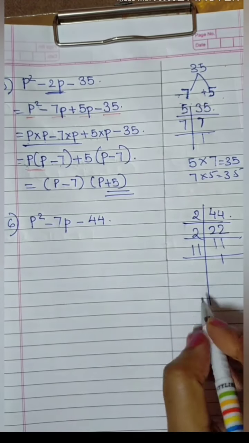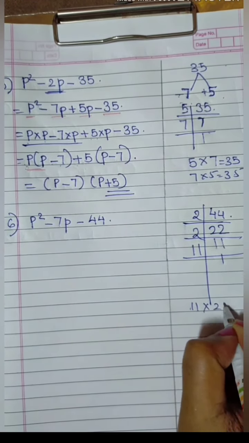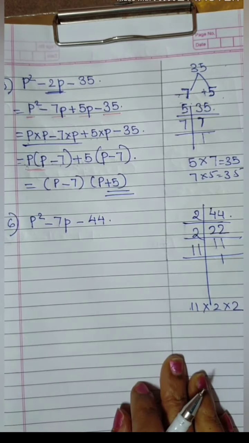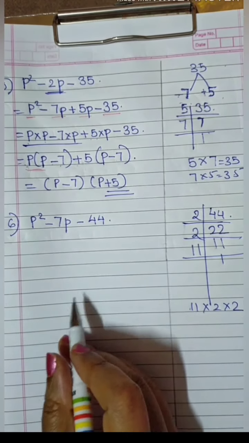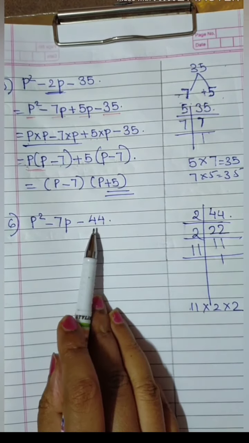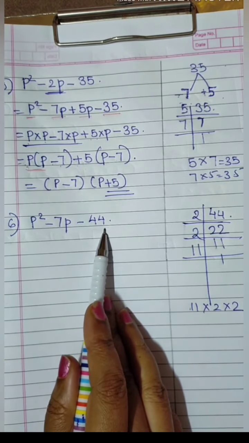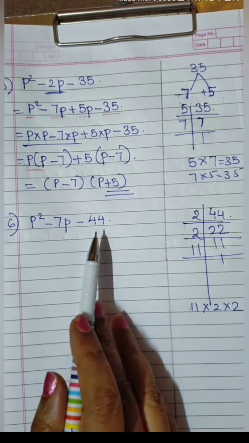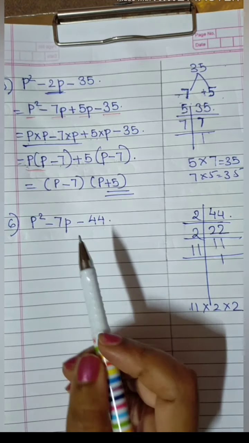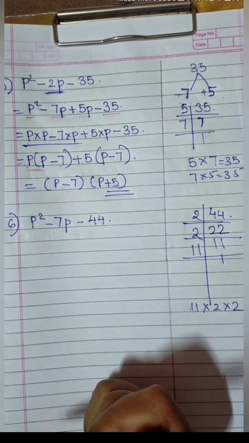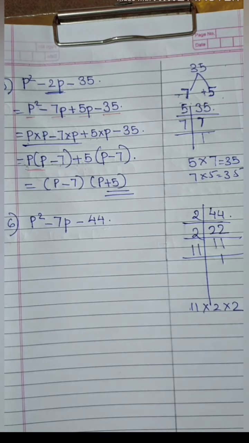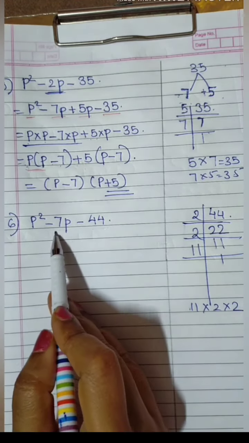So we got 11 into 2 into 2. As you know, we have to take numbers in such a way that when we multiply we should get this number, and we have to split the middle term in such a way that when we add or subtract we should get the middle number.